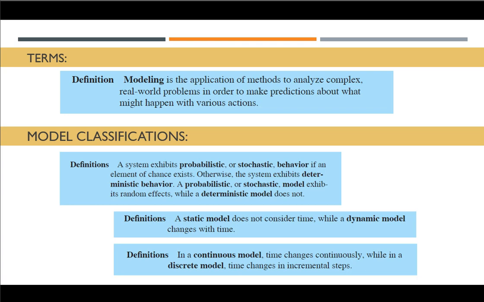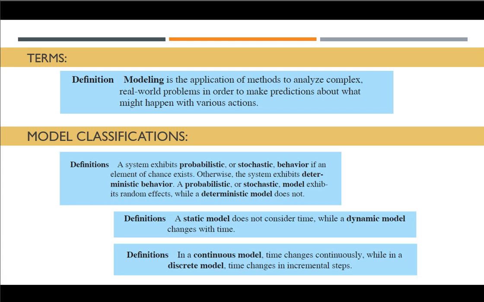In contrast, behavior can also be deterministic, such as the position of a falling object in a vacuum. The object falls in a vacuum, and obviously we can determine where it is heading or where it will fall. So that is deterministic.